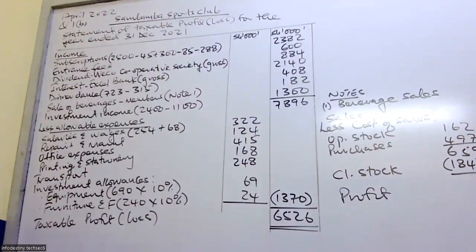The first bullet: transfers from the life assurance fund recommended by an actuary for the benefit of the shareholders.